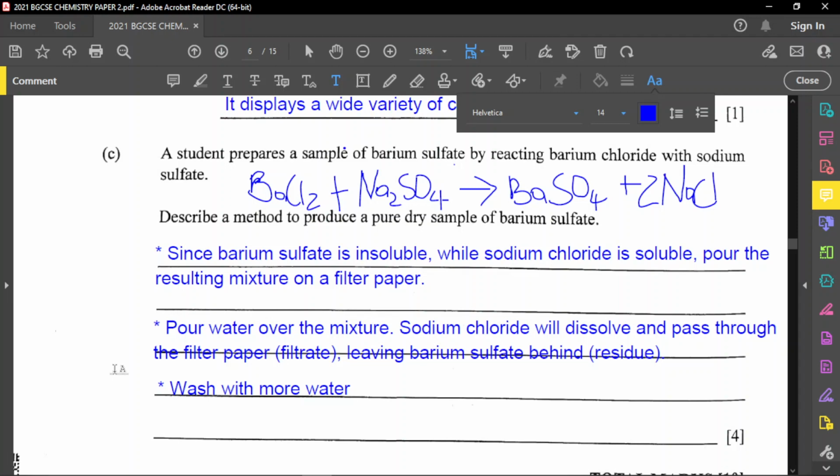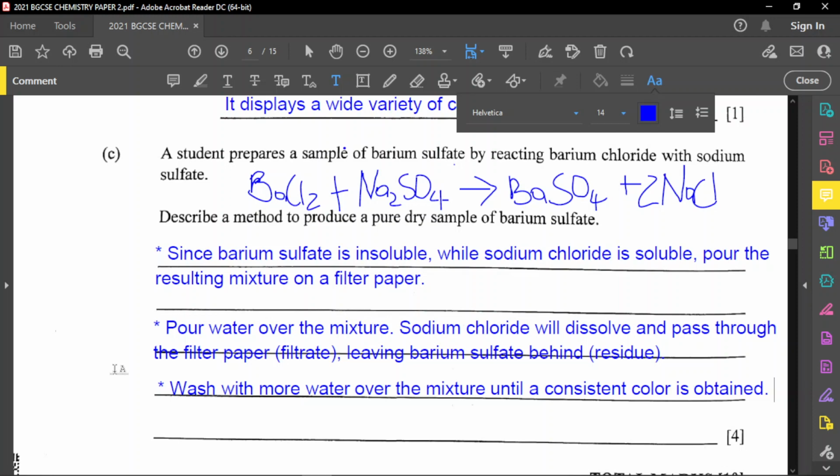So run more water over the mixture until a consistent color is obtained. Why you want that consistent color is because all the impurities now are washed off. So you want to make sure the color is uniform and so on.